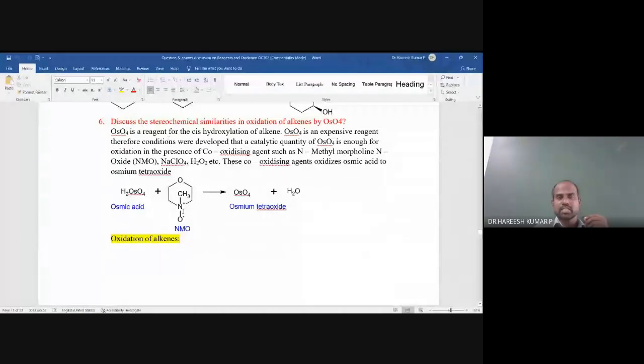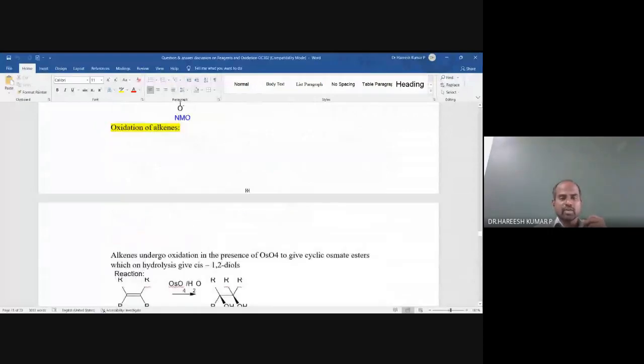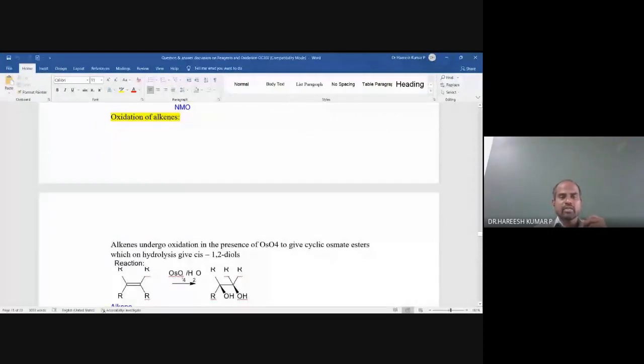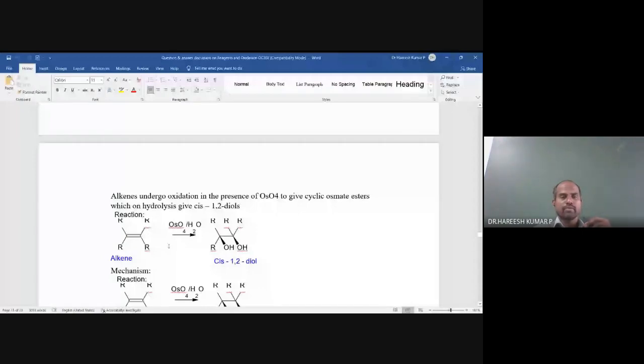It's a co-oxidant. What is its role? It converts osmic oxide into osmium tetroxide. Osmium tetroxide is responsible for the conversion of an alkene into cis 1,2-diol.